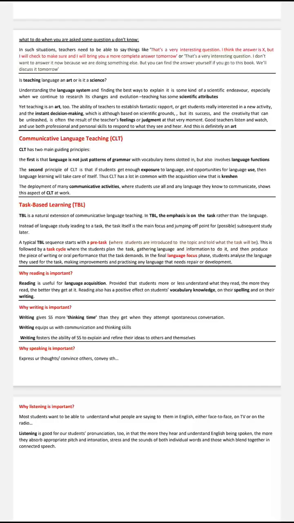Listening is good for all students' pronunciation too, in that the more they hear and understand English being spoken, the more they observe appropriate pitch and intonation, stress, and the sound of both individual words and those which blend together in connected speech.